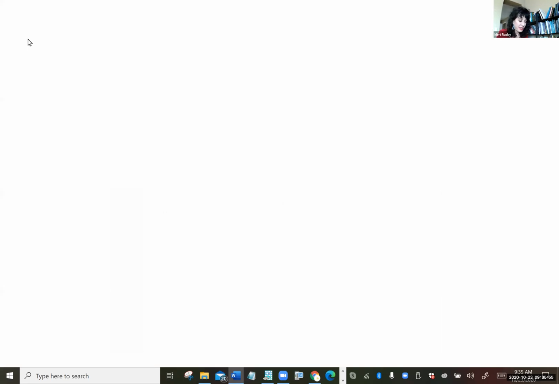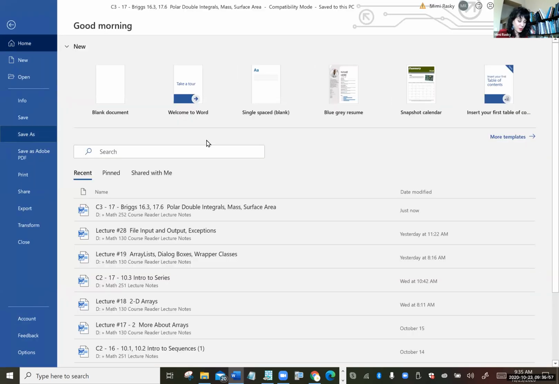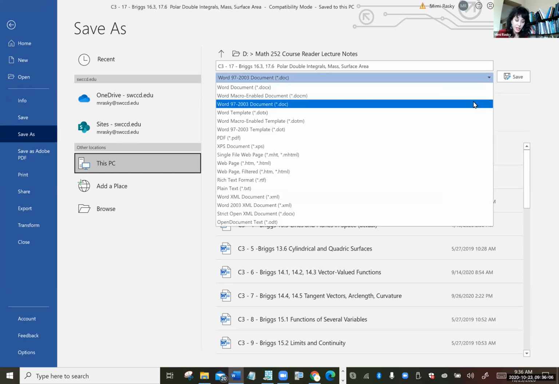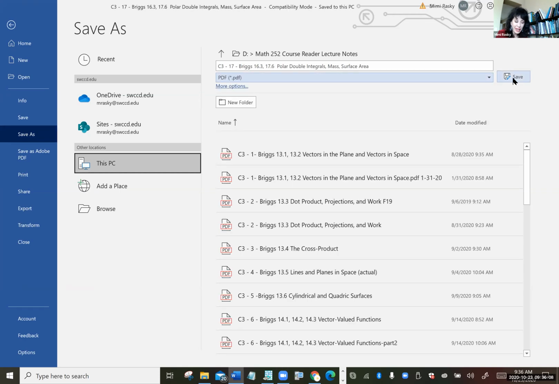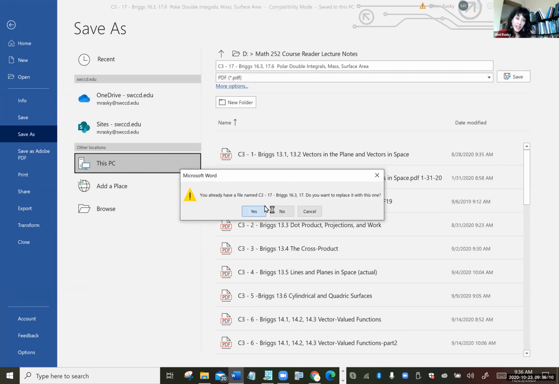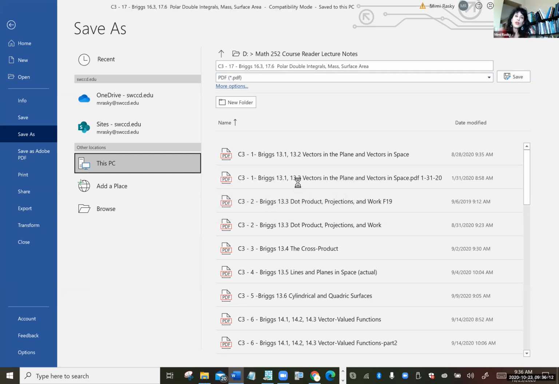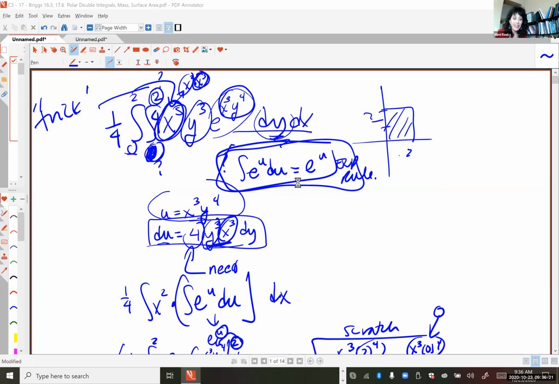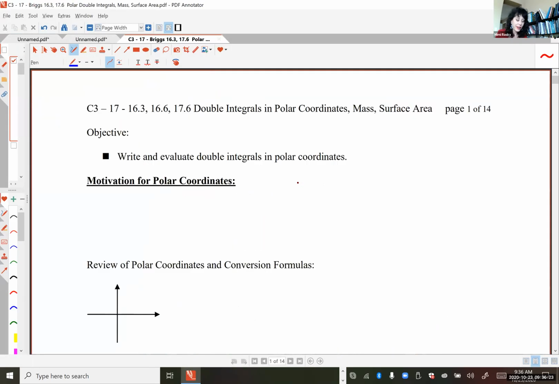Even if you try switching the order of integration, whether dy dx or dx dy, you can't integrate it. But if you convert everything to polar, it's integrable. And you're like, oh, sweet. Now I can integrate. That's the motivation.